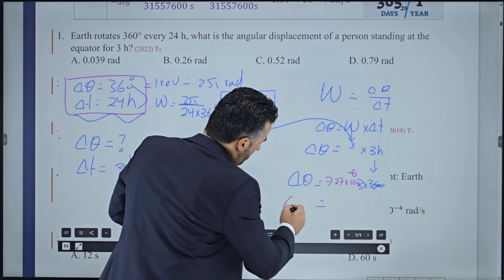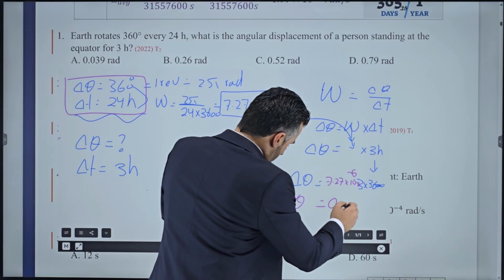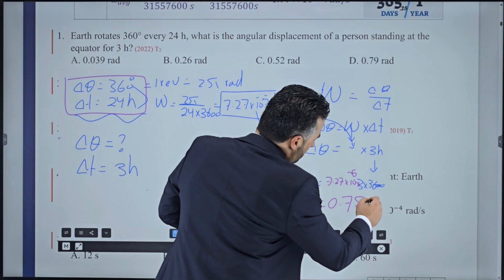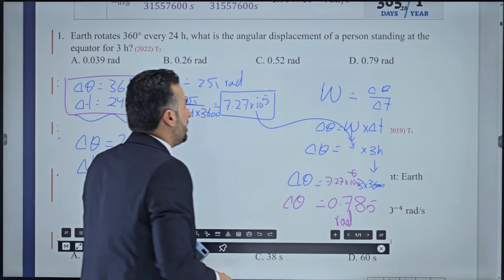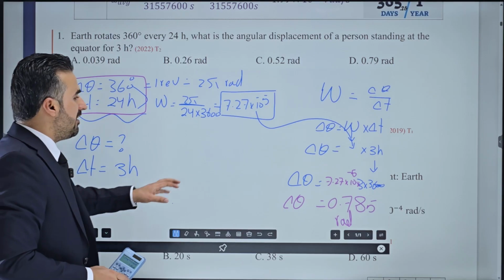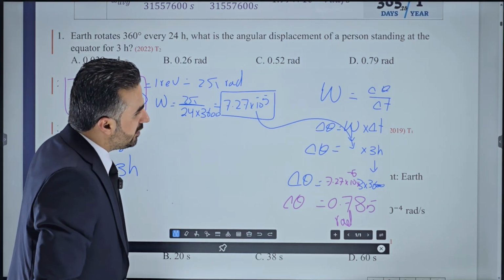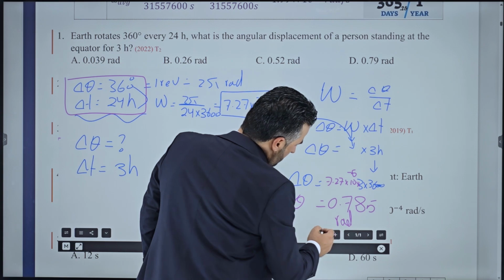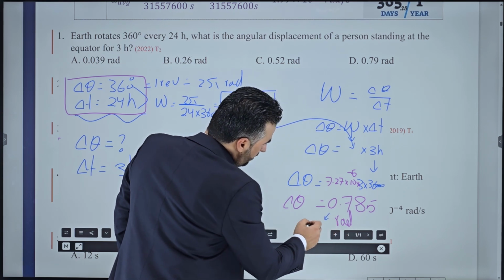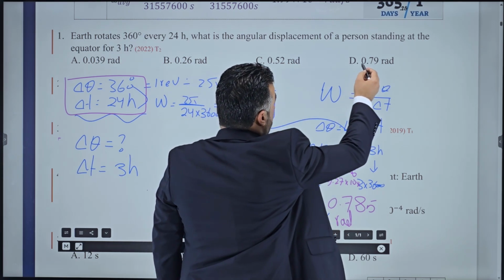So delta theta is going to be 0.785, and because it's delta theta, it is going to be in radian. So now let's take a look if we have this in the options. Do you have 0.785? Yes. If you round this one up, this is going to be the same as 0.79, and this would be the correct answer.